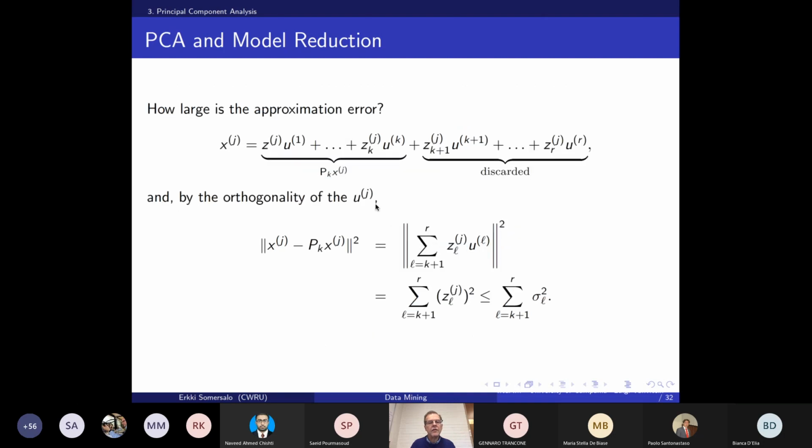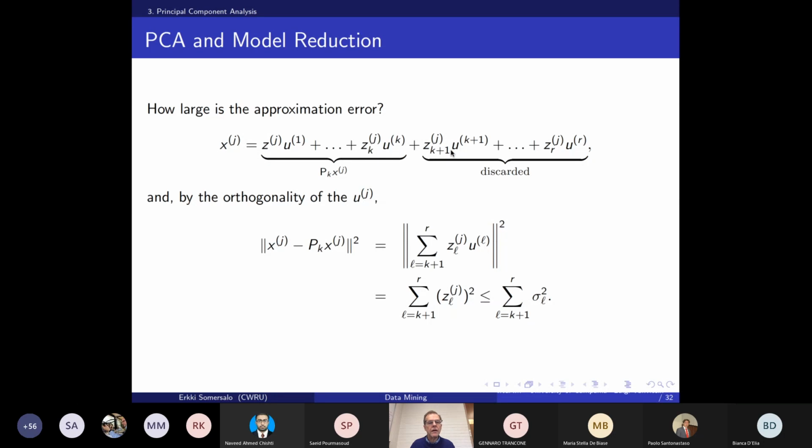So here's another view. Here is my xj. xj is, in general, a linear combination of the feature vectors, and the coefficients are the principal components. There is a 1 missing here in this zj, so this is the first component. So when I project to the k first principal directions or feature vectors, I'm keeping the k first components and I'm discarding the rest.